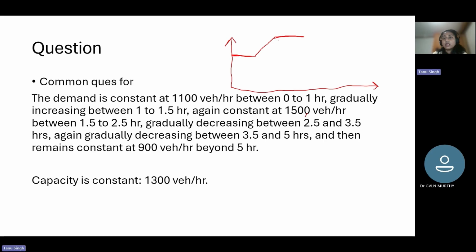Then it decreases, for example from 1500 to 1000, and then it further decreases to 900.